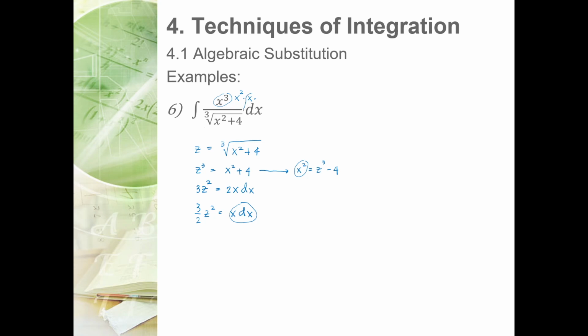So x dx will be replaced by 3 halves z squared, and x squared will be replaced by z cubed minus 4. The denominator goes to z.